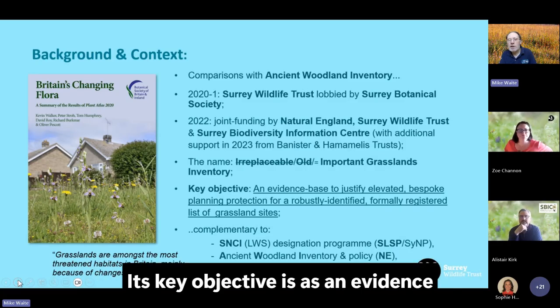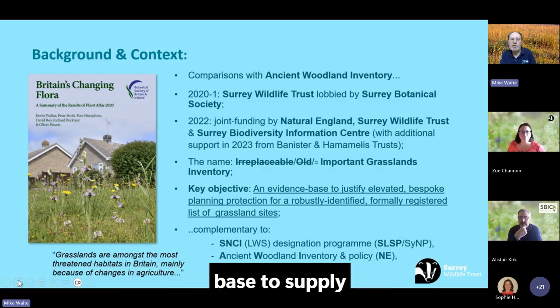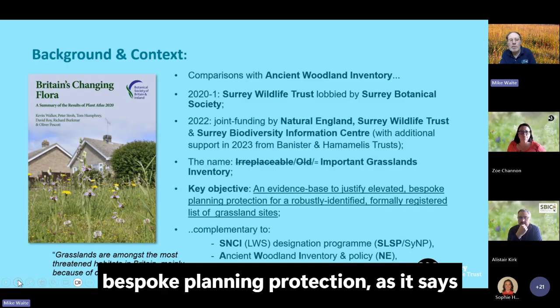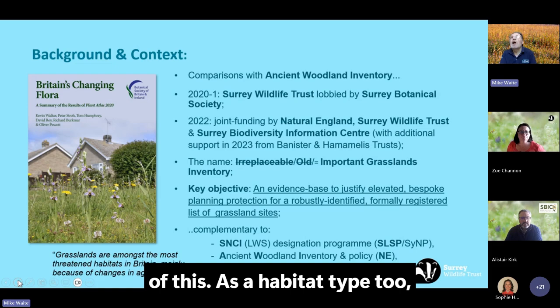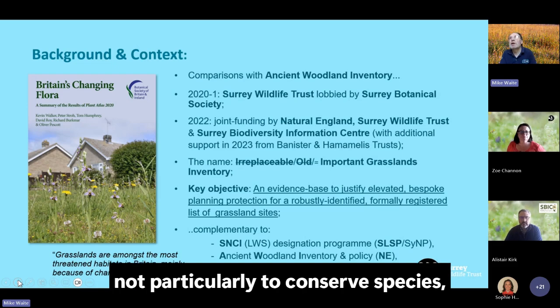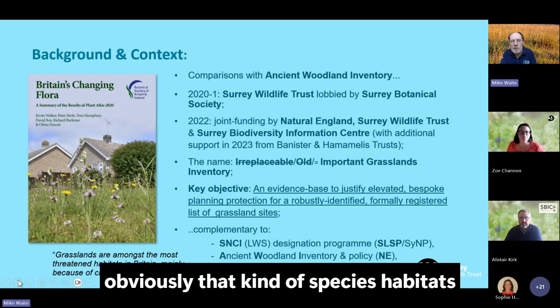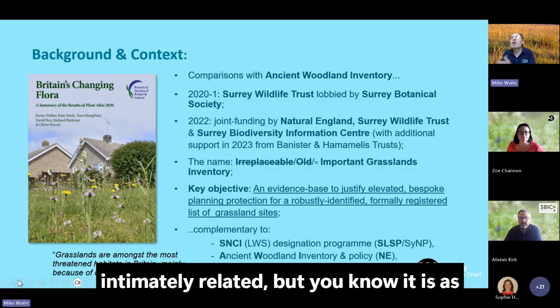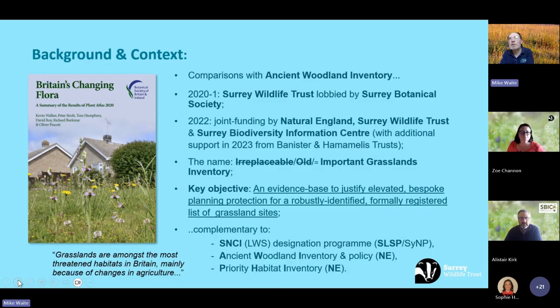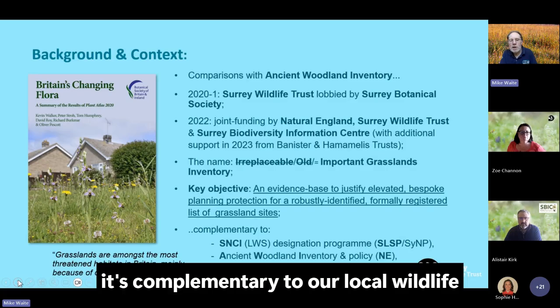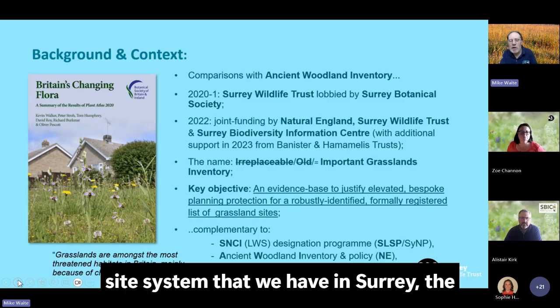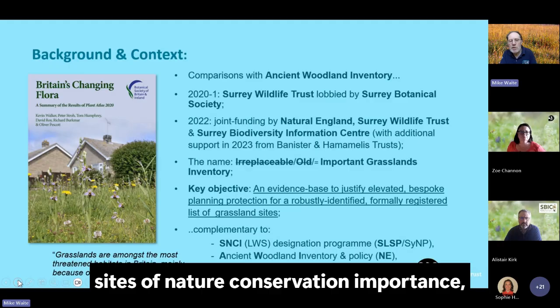Its key objective is, as an evidence base, to supply bespoke planning protection, as it says there. That is the key output of this. As a habitat type too, not particularly to conserve species. Obviously species and habitats are intimately related, but it is a habitat database first and foremost, and it's complementary to our local wildlife sites system that we have in Surrey, the sites of nature conservation importance.